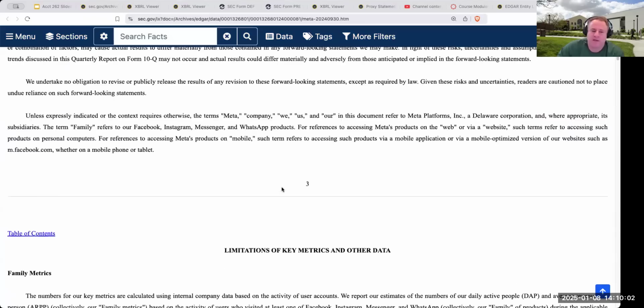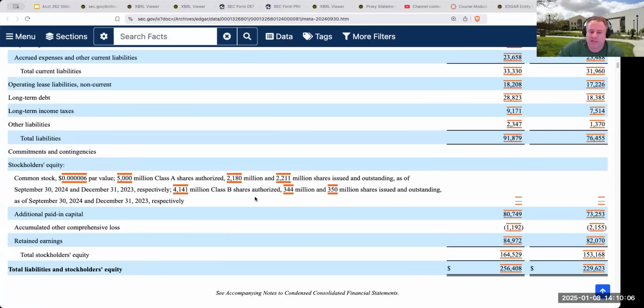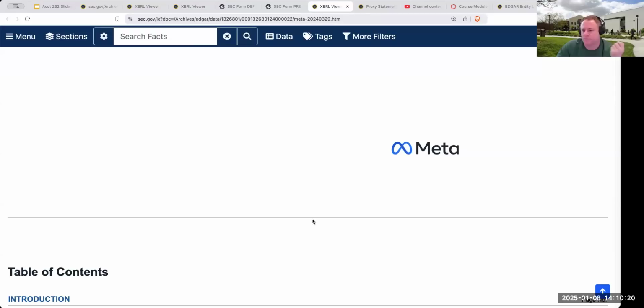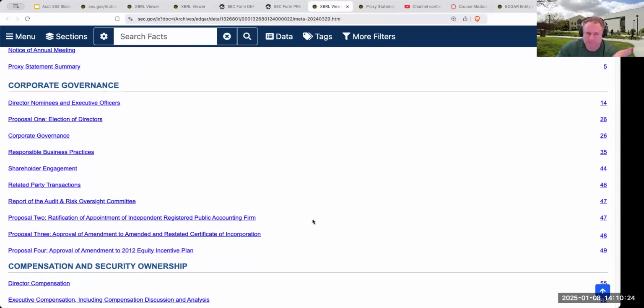Because Mr. Zuckerberg basically holds Class B shares, which have 10 times the voting rights of Class A shares. So there you go. Right. So you might say, well, why are we even doing this? It's because it's required under Delaware law, and it's also an SEC requirement.